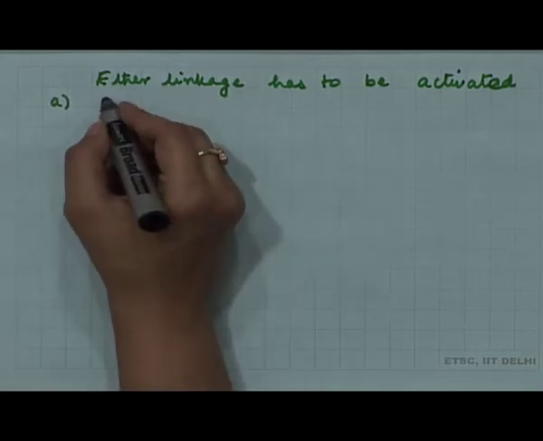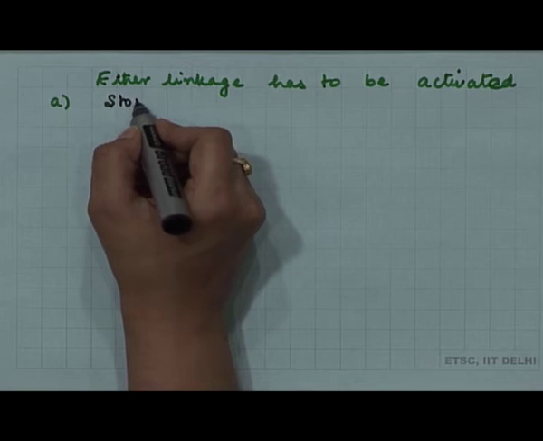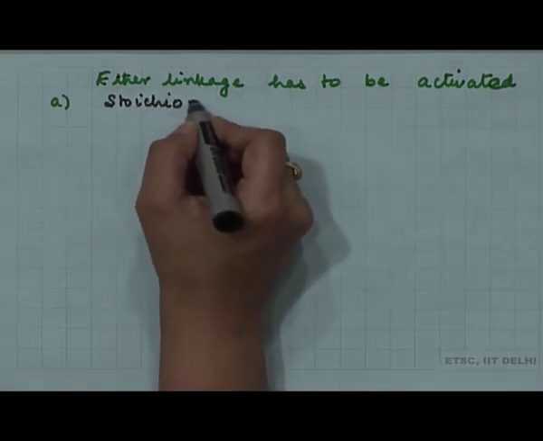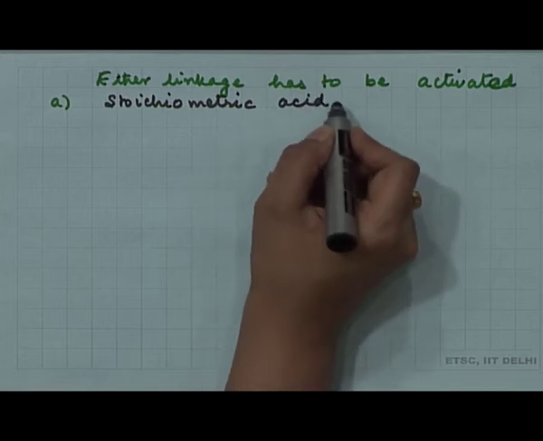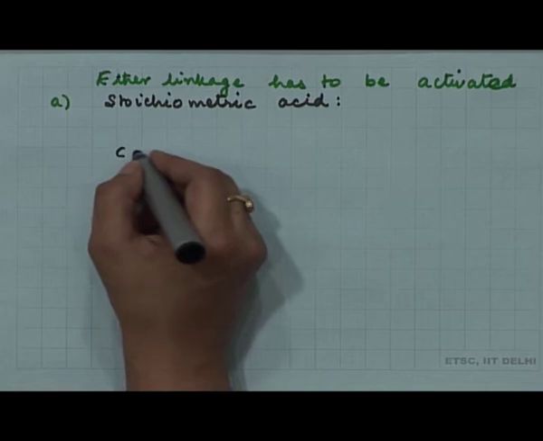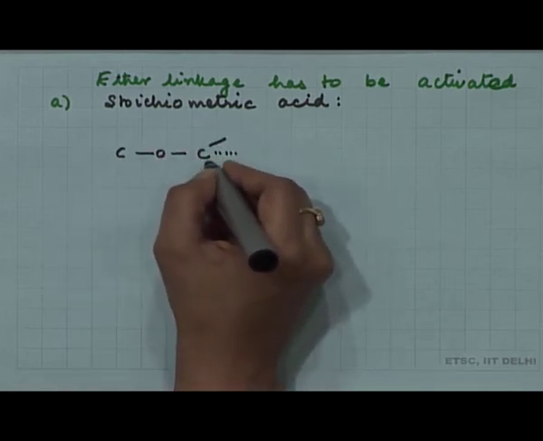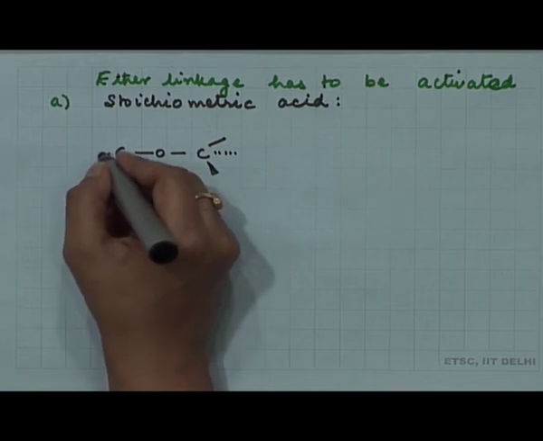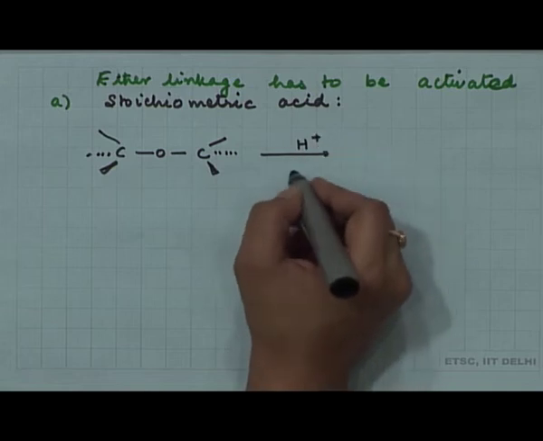One of the ways would be cleavage using a stoichiometric amount of acid, which activates the oxygen. So, you have your ether, and you add an acid.